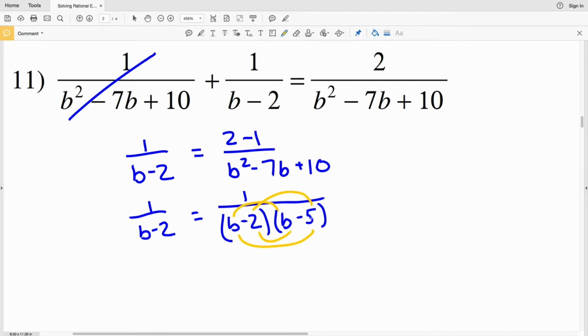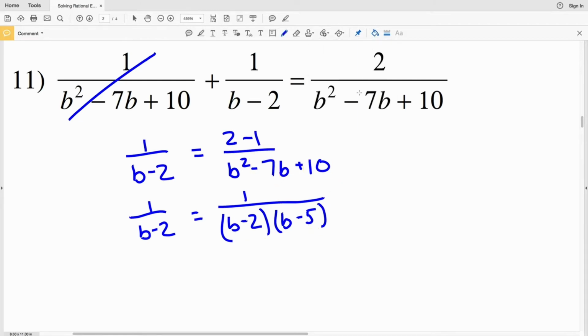And then negative 2 times negative 5 is a positive 10. So we have b squared plus negative 7b, or minus 7b, plus 10. An easier way to think about that is that the 2 and the 5 have to add to equal 7 and multiply to equal 10. So negative 2 plus negative 5 equals negative 7, and negative 2 times negative 5 equals a positive 10.